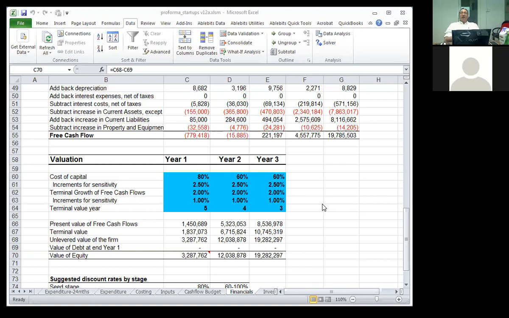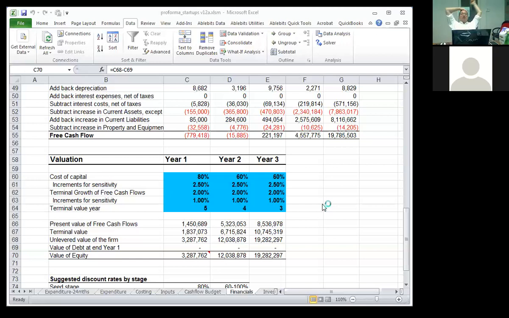The discounted cash flow valuation method approaches that problem this way. It says the value of a company is equivalent to the value of an investment that pays you a certain return every year.